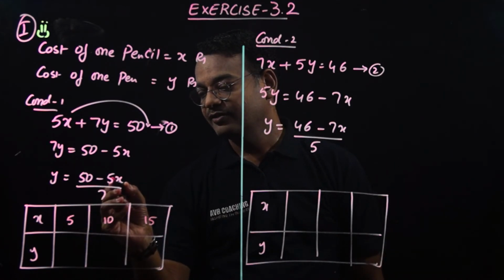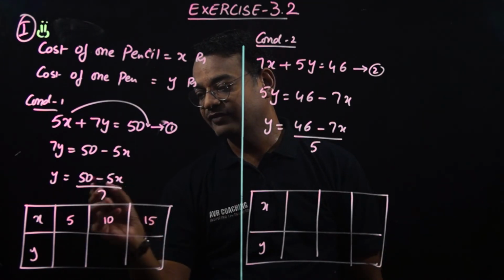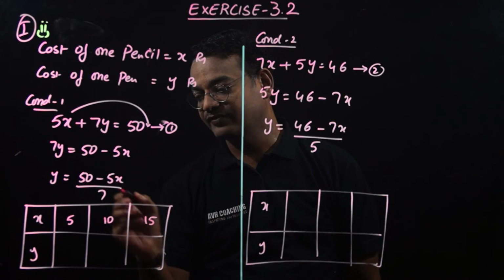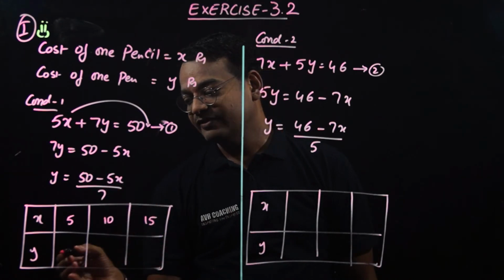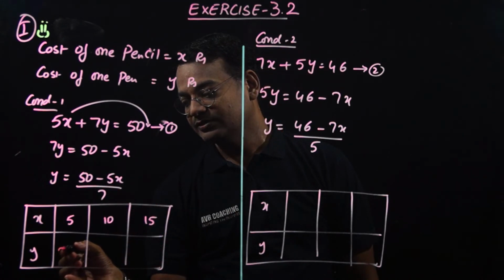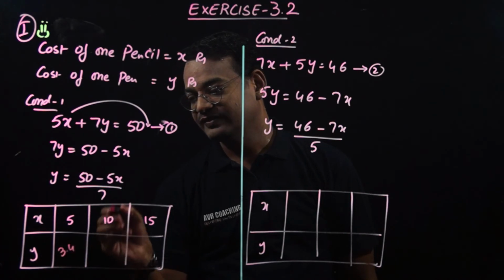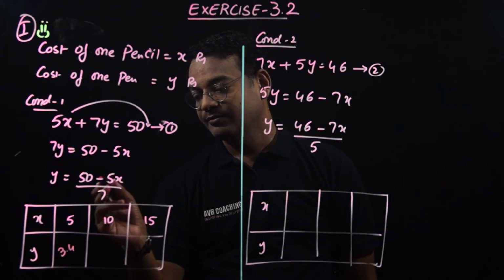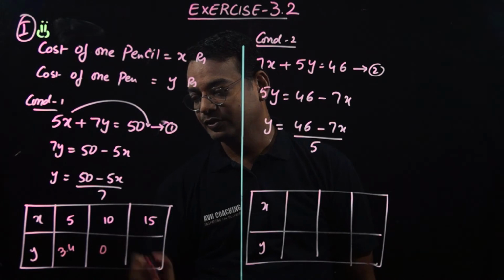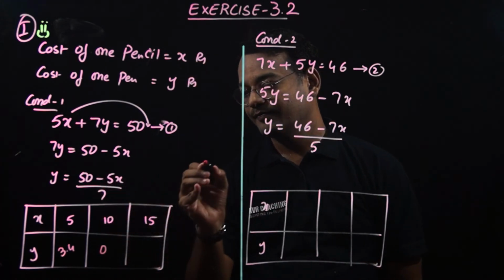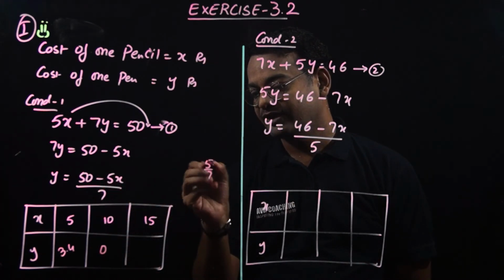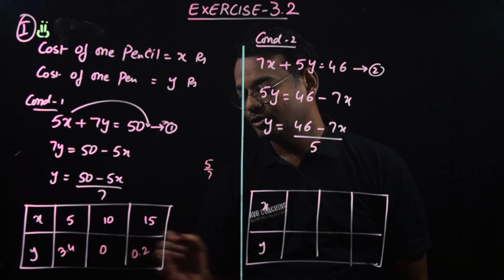So 5 ones are 5, 5 fives are 25, 50 minus 25 is 25, 25 by 7 will be 3.4. In the same way, for x equal to 10, 50 minus 50 is 0, so y is 0, and for 15, 50 minus 75 over 7 follows similarly.